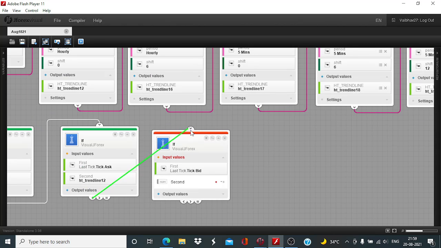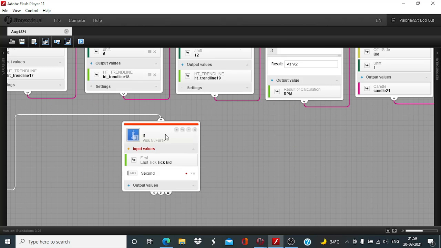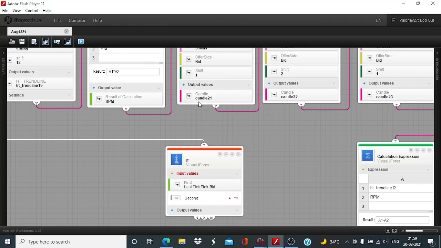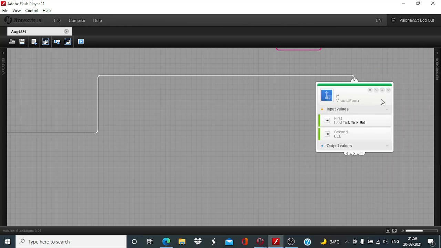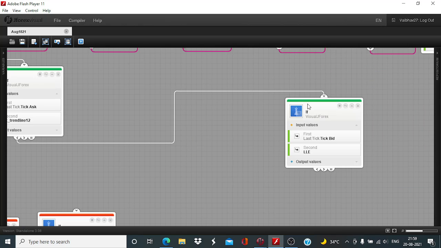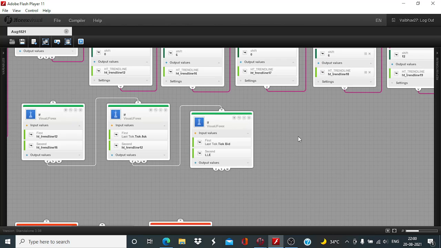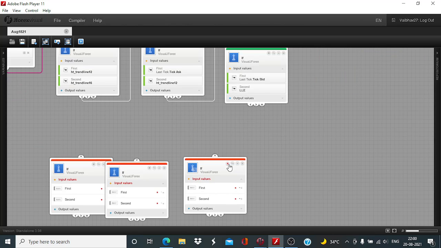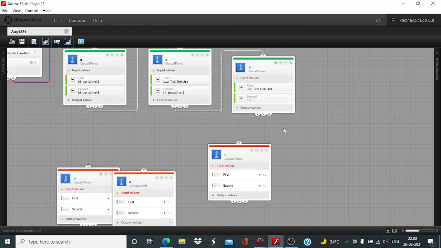First input less than, and then greater than. So we have this condition which will ensure that the execution of the trade happens within this price band of 10 pips. First input greater than second input.